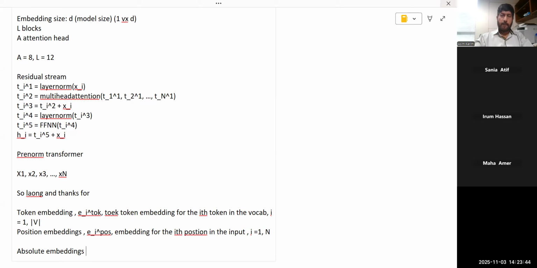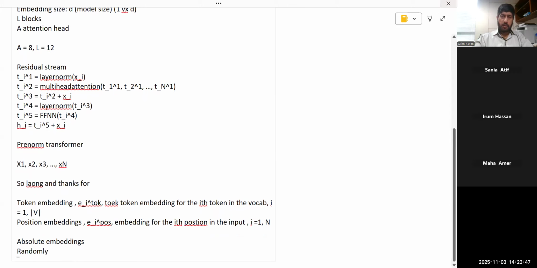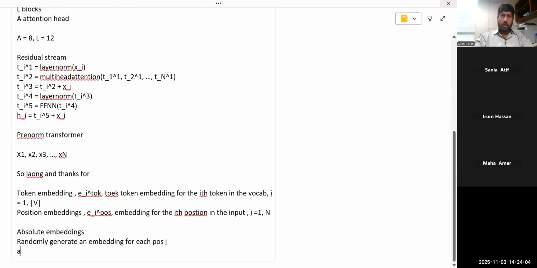So randomly generate an embedding for each position i, and allow these embeddings to be updated during training. So that's one way of doing it.